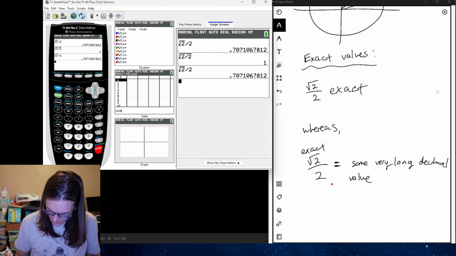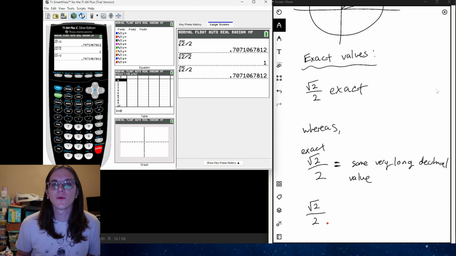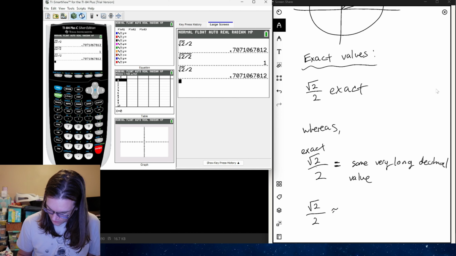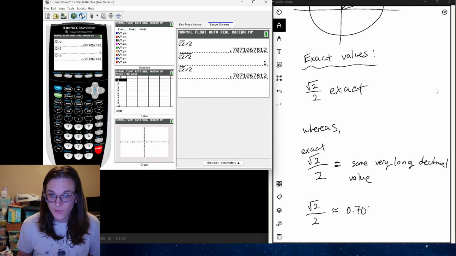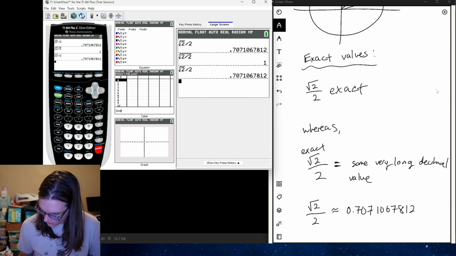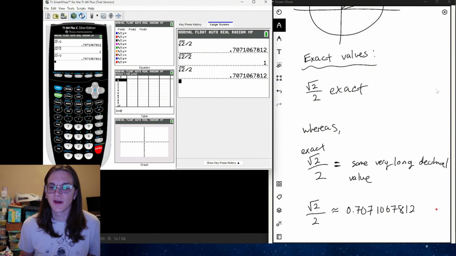Alrighty. Whereas if I were to write 0.7071, it would be technically correct to give these little approximate equal sign waves to say approximately 0.70710678112 something. I don't have to put the dots because I put approximately.